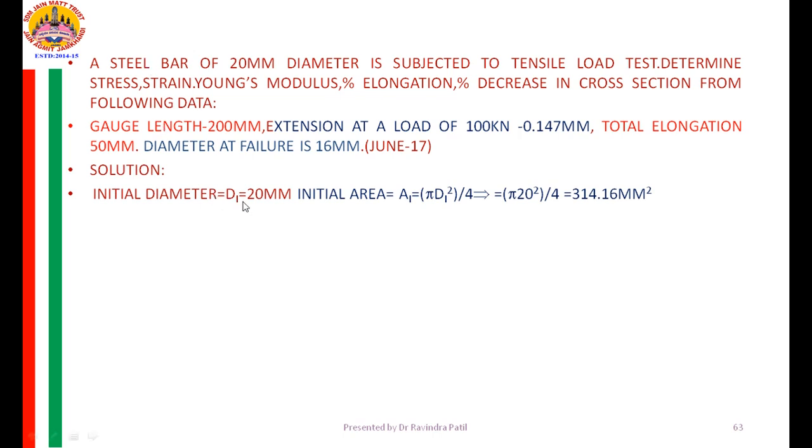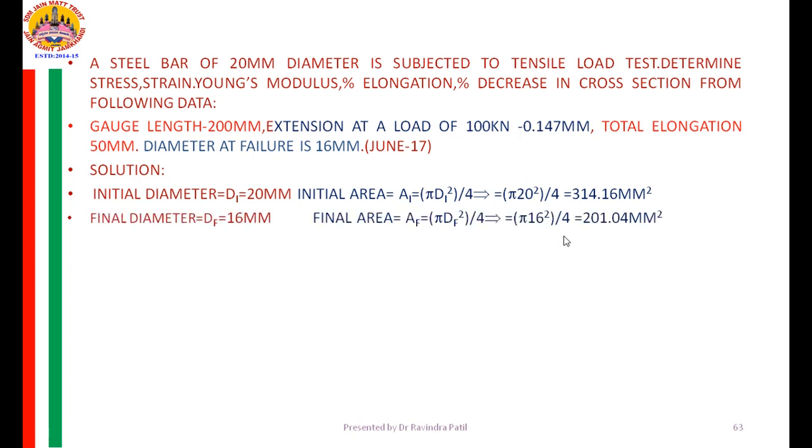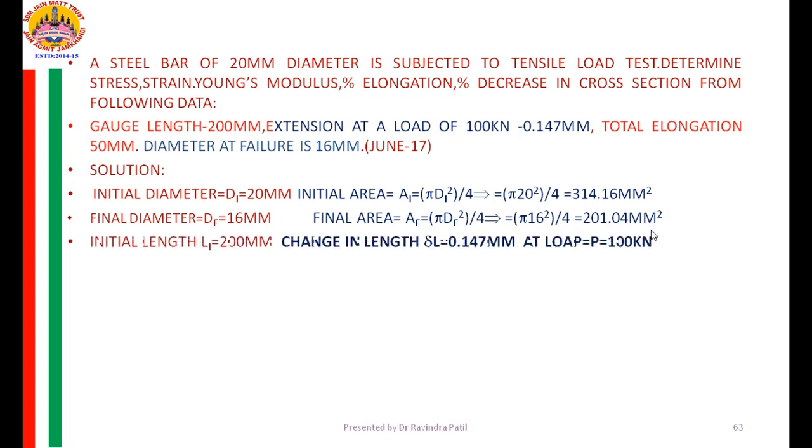He has given di, that is equal to 20 mm. Therefore the initial area, pi di square by 4, we will get as 314.16 mm square. Then the final diameter df is equal to 16 mm. Final area I will get as 201.04 mm square.